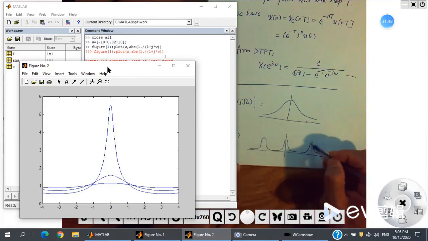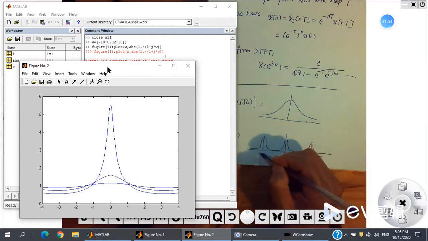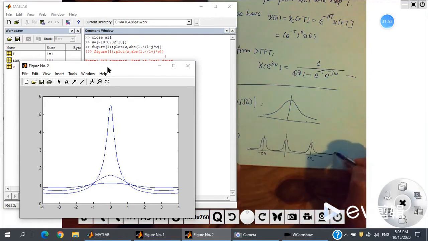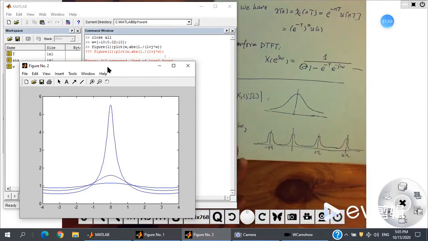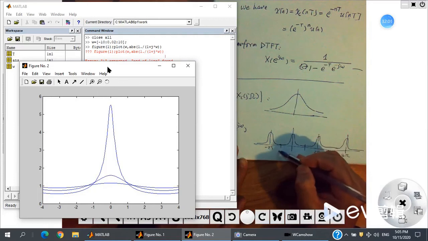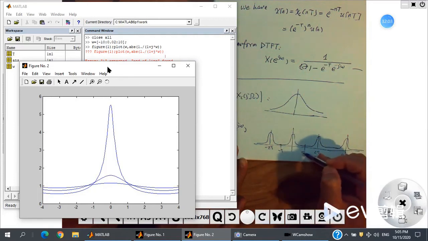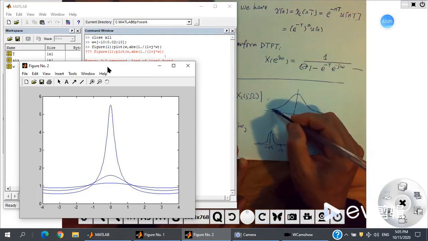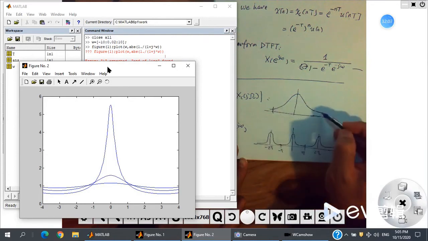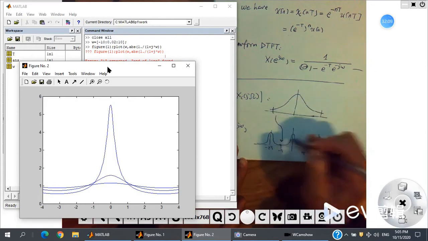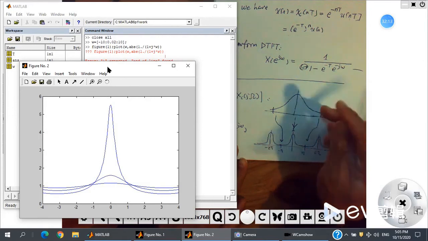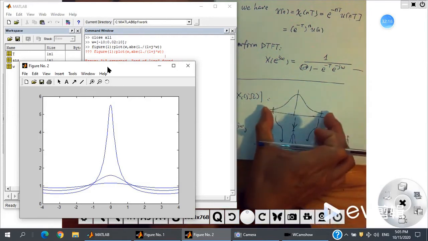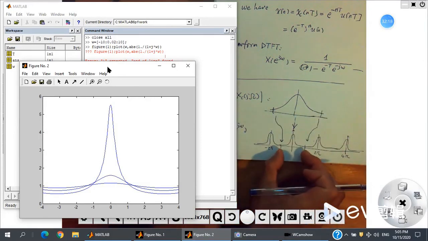Here's 2 pi, here's negative 2 pi, and you will have one more peak here at 4 pi. Every 2 pi you have a peak. So you can think in the middle, here's negative pi to pi. This part is just like this part. You copy, you do some scale, and put it here.